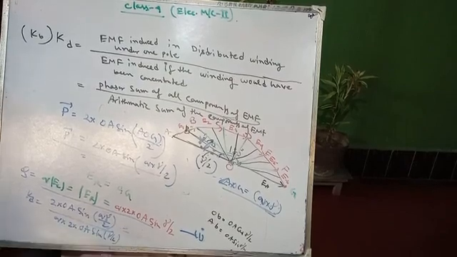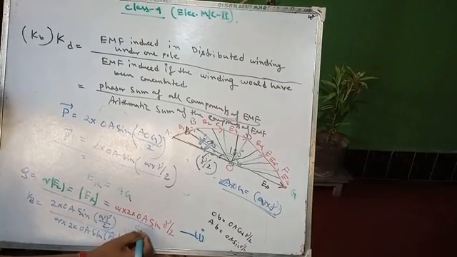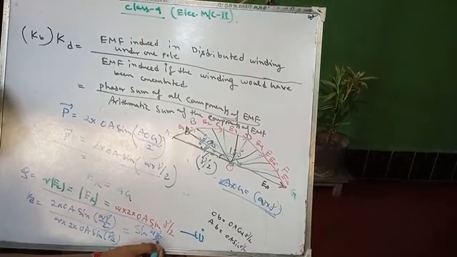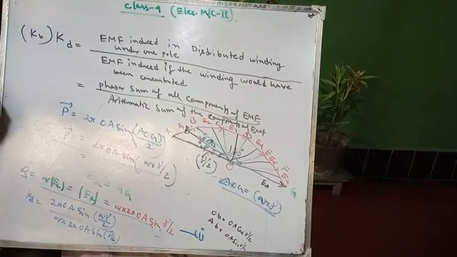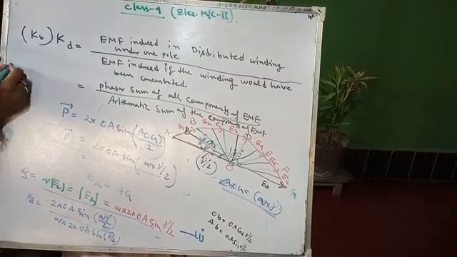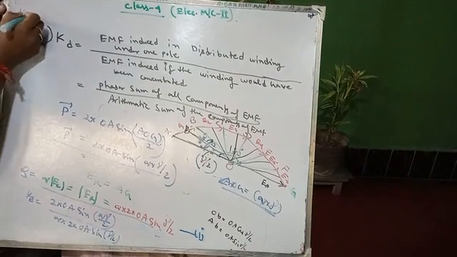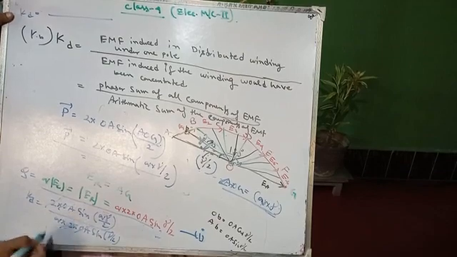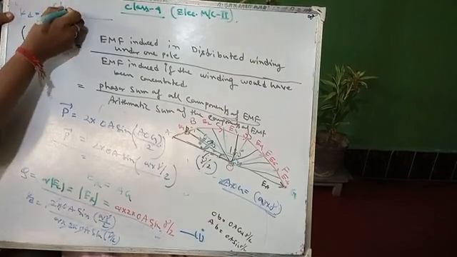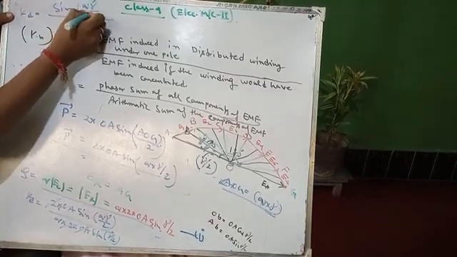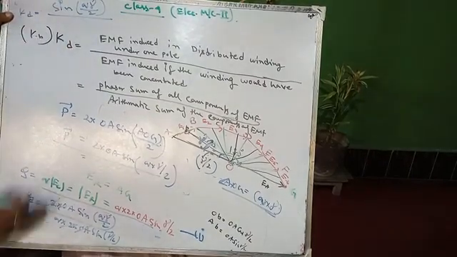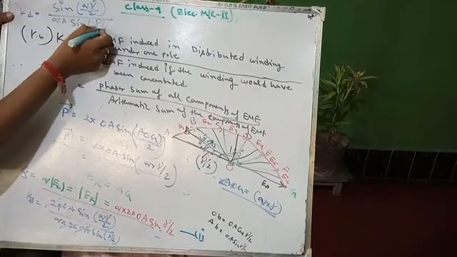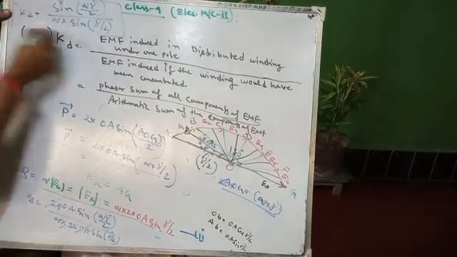Just cancel out these quantities: the 2 cancels out, OA cancels out. So kd equals sine q gamma by 2 divided by small q into sine gamma by 2. So this is your distribution factor.